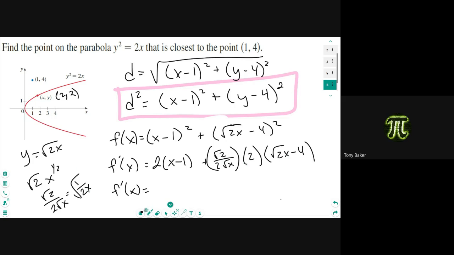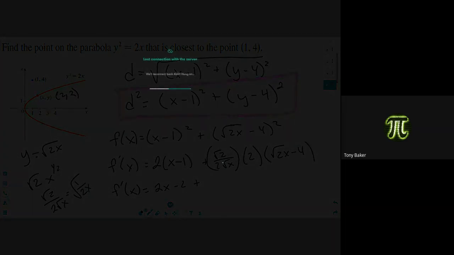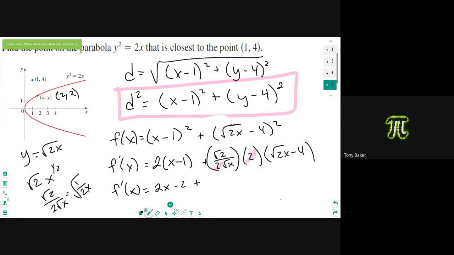So I get 2x minus 2 plus that 2 cancels with that 2, so I don't have to worry about that. Square root of 2 times the square root of 2 is going to be 2. Square root of x over square root of x is nothing. Because I have square root of 2 times the square root of 2 times the square root of x over the square root of x, when I multiply that times that.